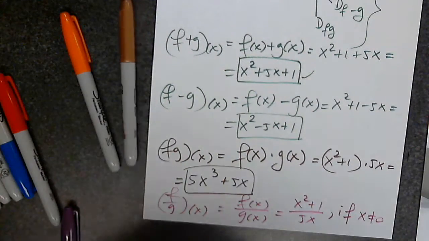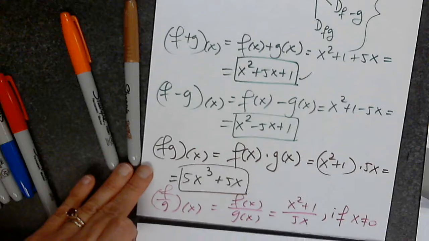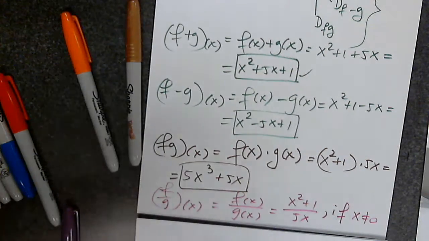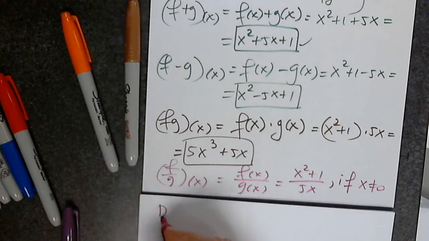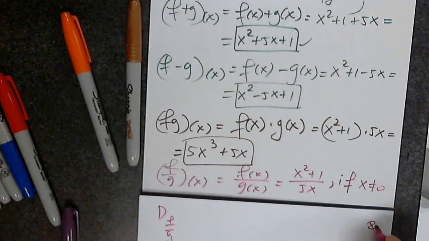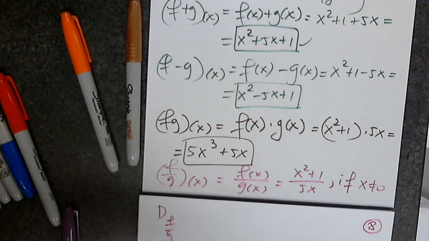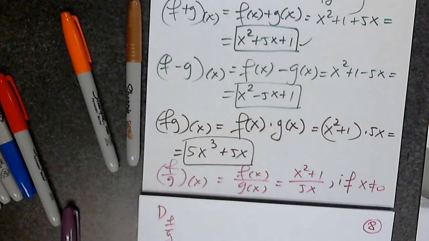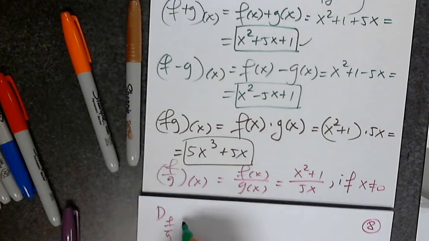So let's find the domain of this function. Obviously, x cannot be 0, but now I'm ready to find the domain. So the domain of the ratio, and that is, how do we write it?